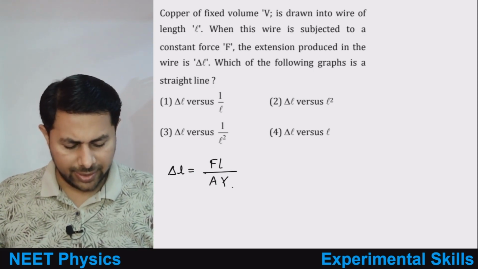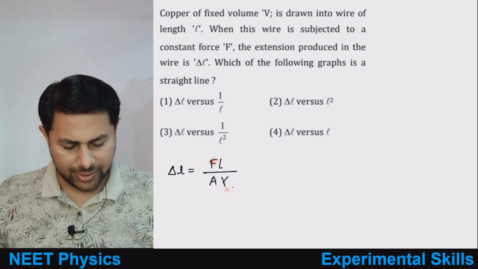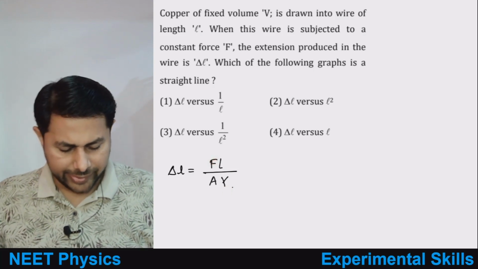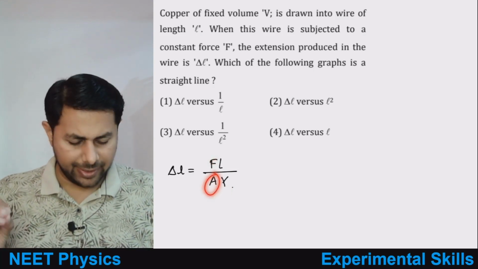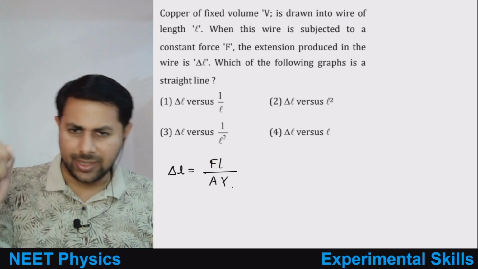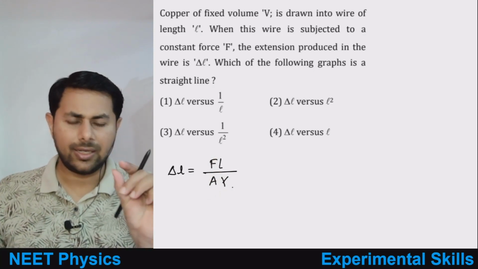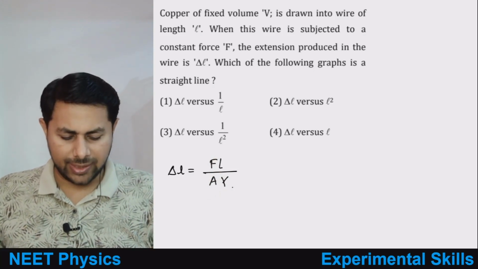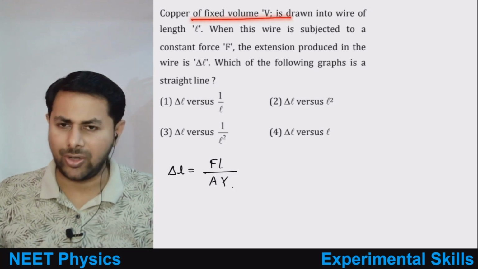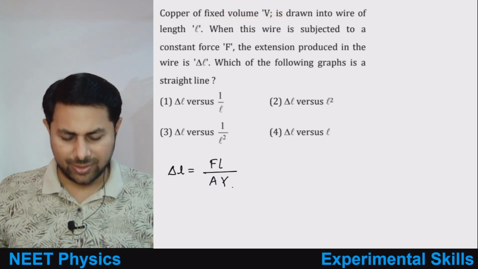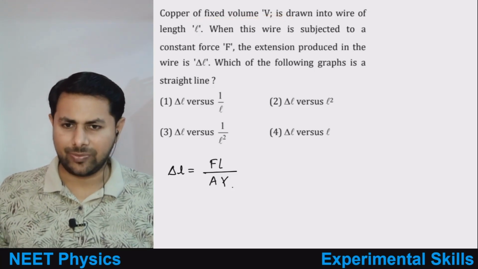And then A and Y are constants? Actually, area is not constant, because if you increase the length, the area will decrease. But they have said that it's a fixed volume. The wire has fixed volume.